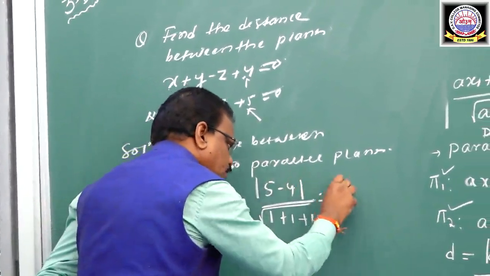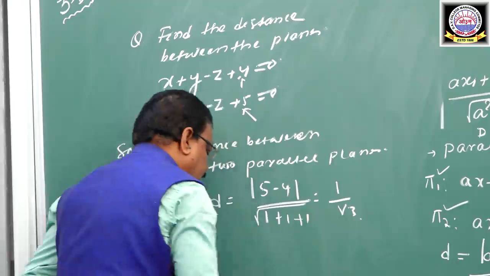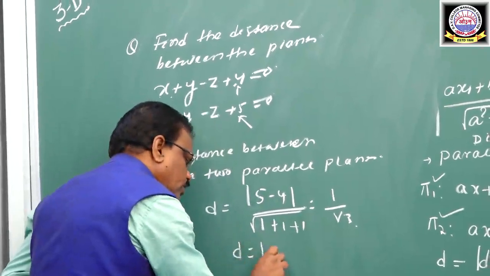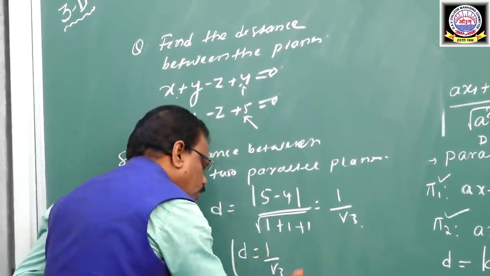That is 1 by root 3. So the distance is equal to 1 by root 3.